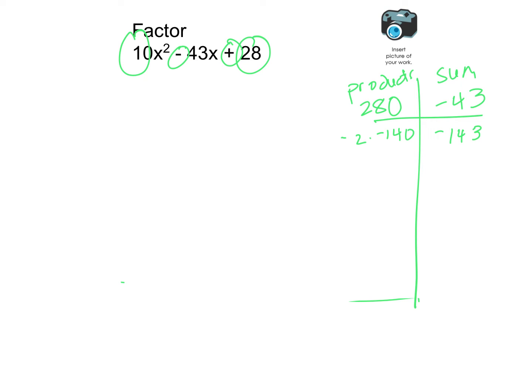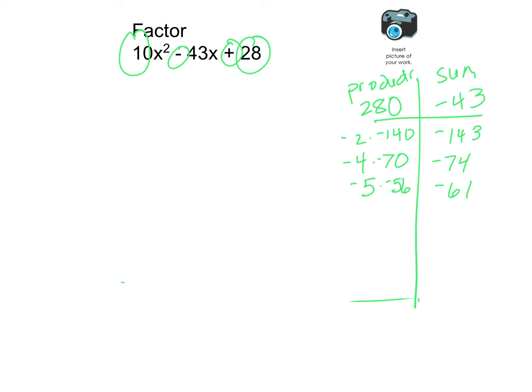Let's see here, 8, 9, 10, that's not divisible by 3, it is divisible by 4. Negative 4 times negative 70, which is negative 74. It is divisible by 5, so negative 5 times negative 56, which when you add it together is negative 61.